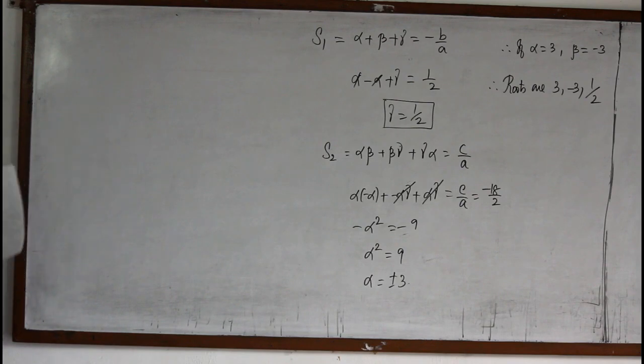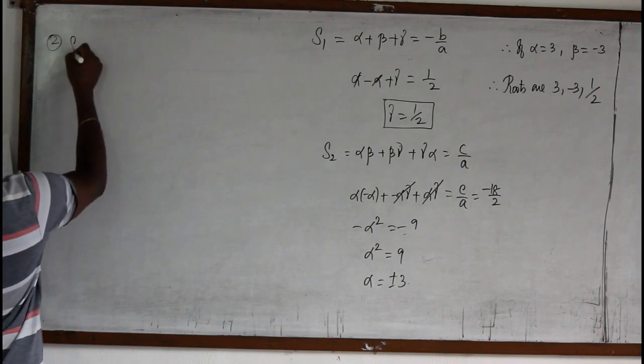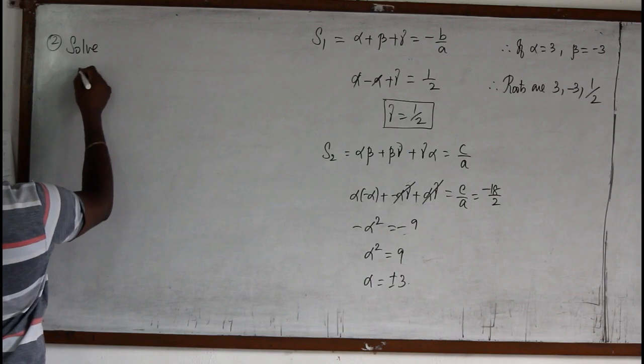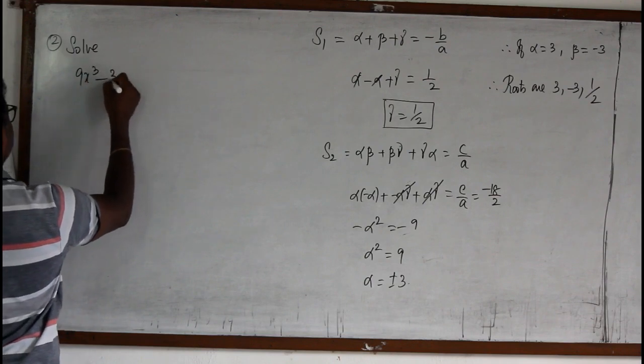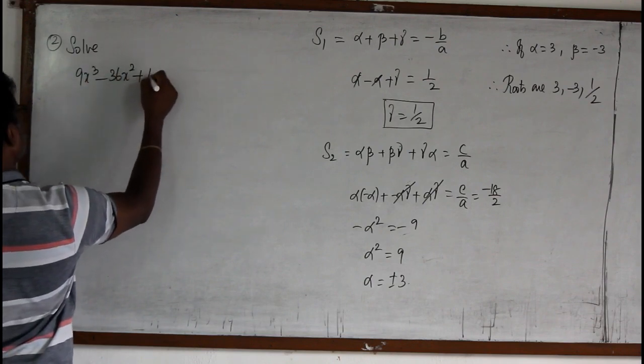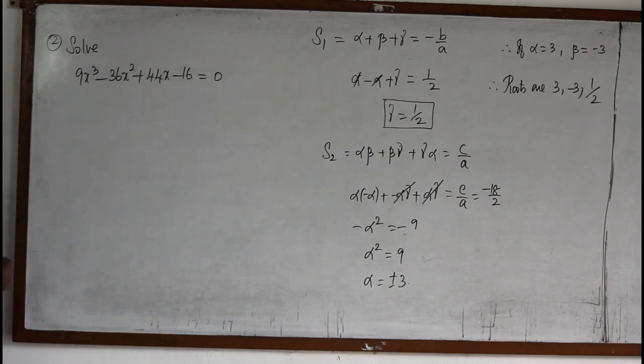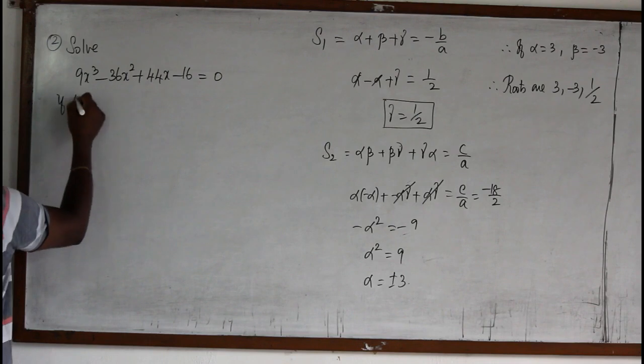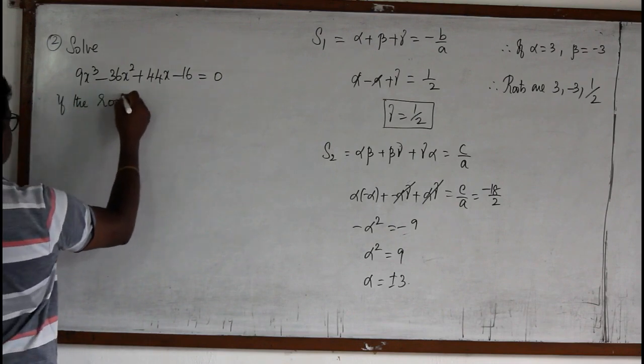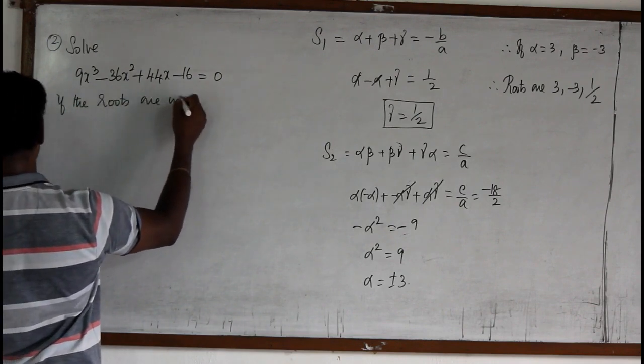Problem number 2. Solve 9x cubed minus 36x square plus 44x minus 16 equal to 0 if the roots are in AP.